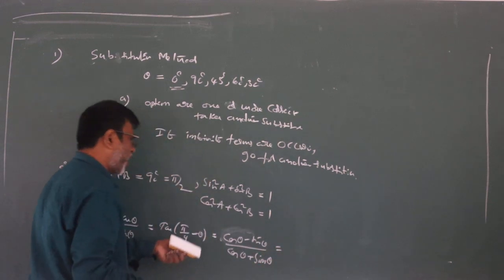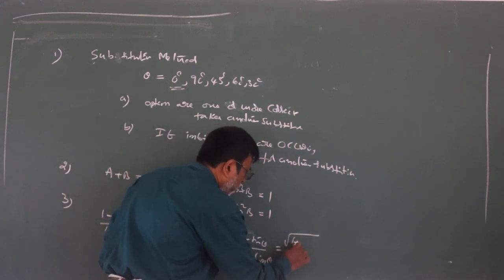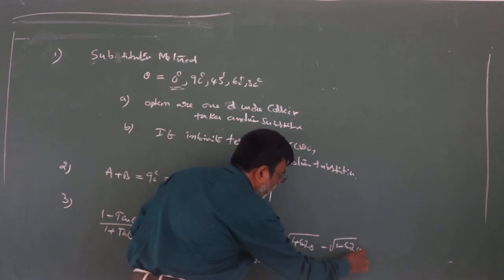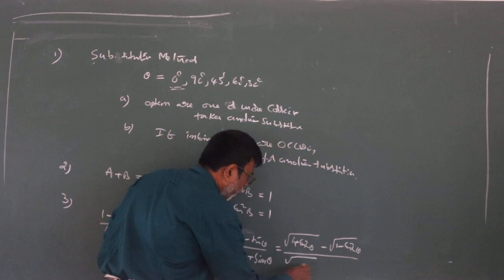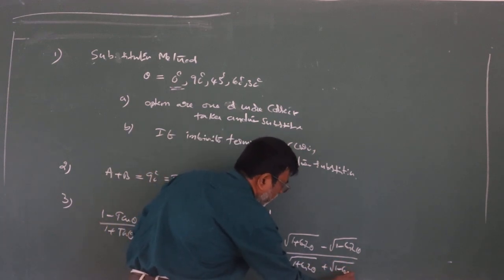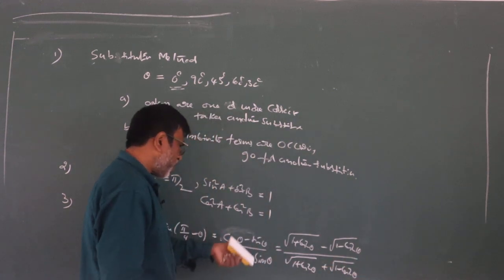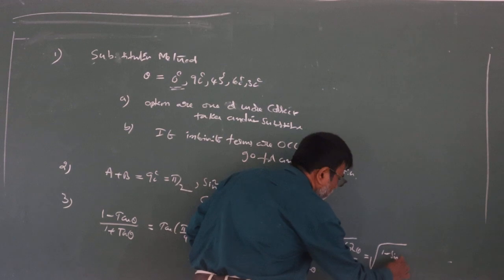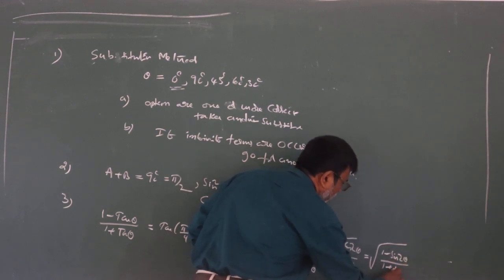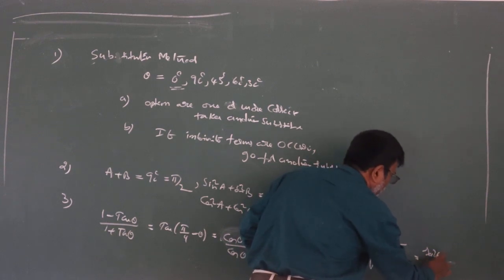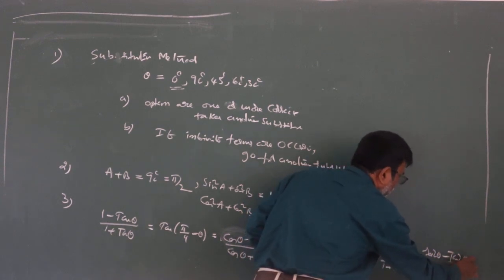It is also the same as root of 1 minus cos 2 theta by root of 1 plus cos 2 theta, and root of 1 minus sin 2 theta by 1 plus sin 2 theta. This is also the same as secant 2 theta minus tan 2 theta.